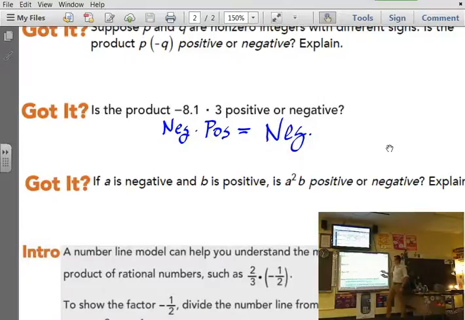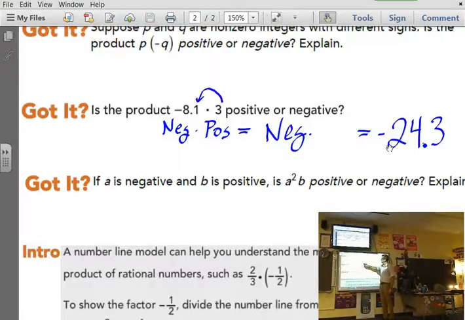And that would really be negative 24.3, because I can do 3 times the 1/10 and 3 times the 8, and that is how I got that. I distribute my multiplication.